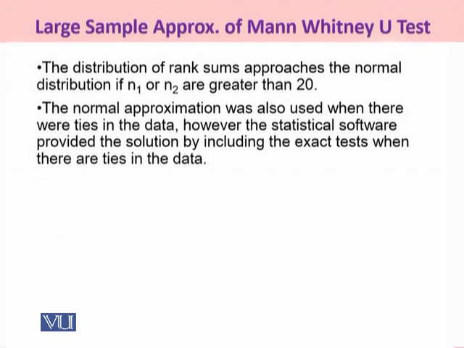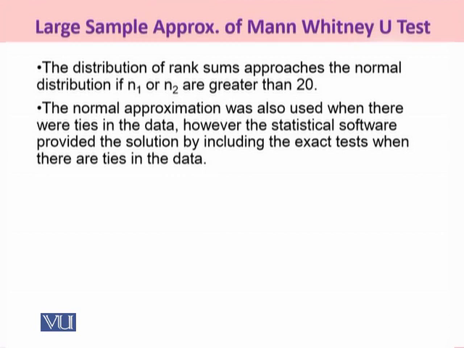The normal approximation is also used when there are ties in the data. So students, if you have significant ties in the data sets across the two samples while you are comparing them, then you would also be using the normal approximation for the Mann-Whitney U-test. But if there are ties within a sample, then we can ignore those ties.